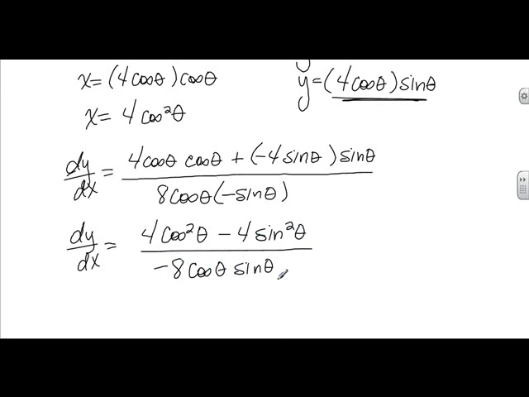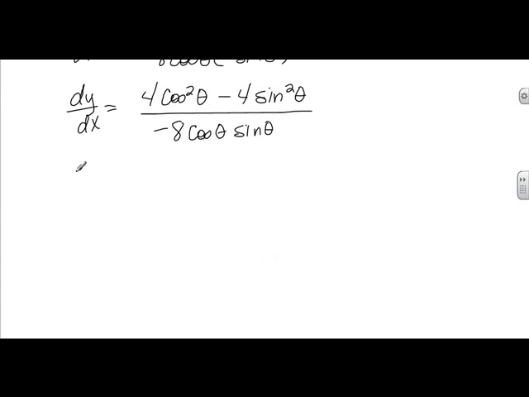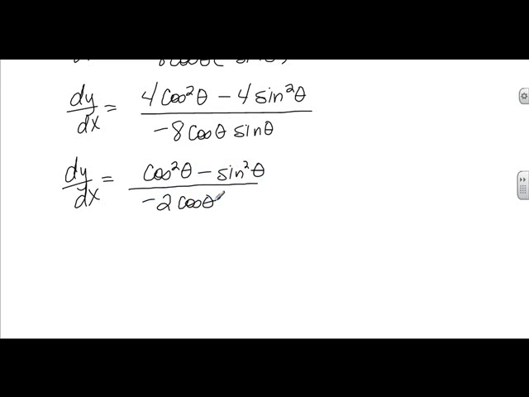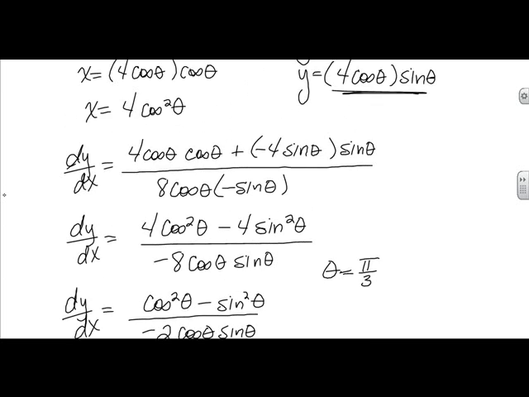You could actually reduce that fraction: cosine squared theta minus sine squared theta over negative 2 cosine theta sine theta. Okay, and then we're going to plug in a value of theta that's pi over 3, and that comes from the ordered pair we were given.